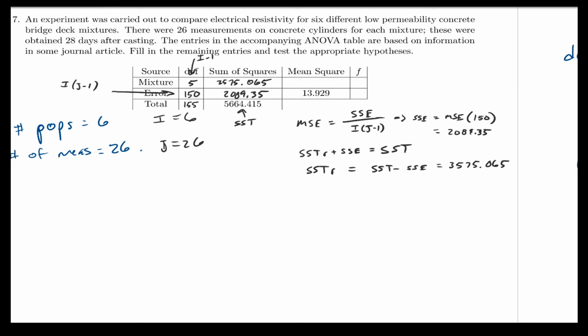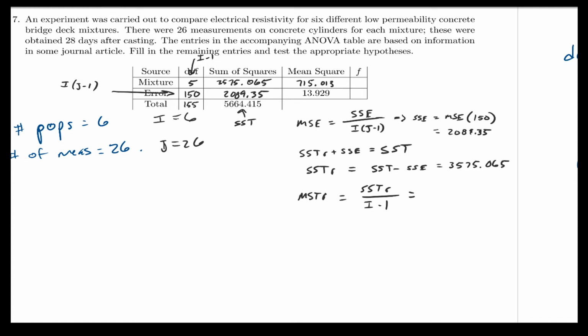And now I know MSTR is going to be SSTR over I minus 1. So that answer divided by 5 is 715.013.